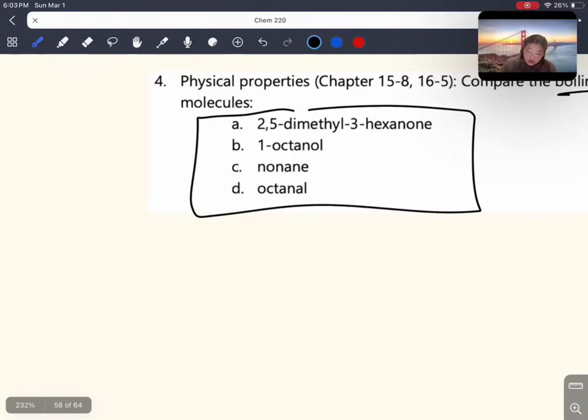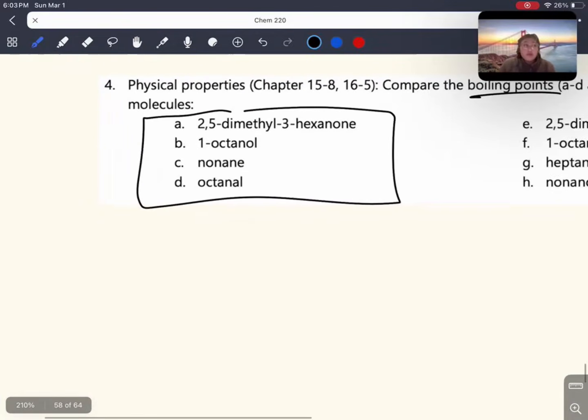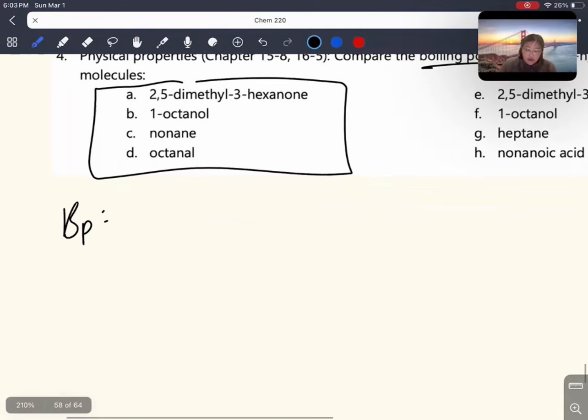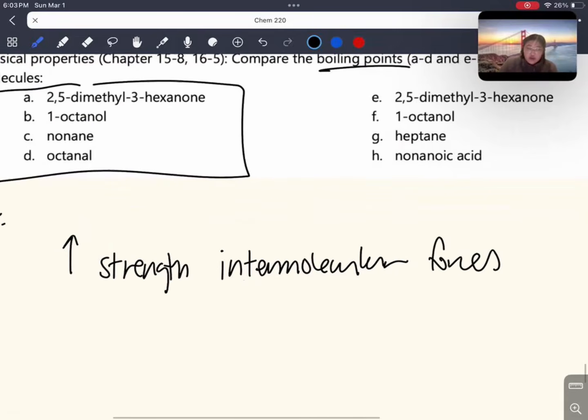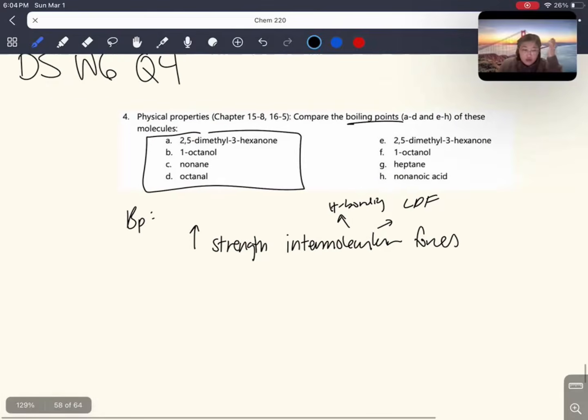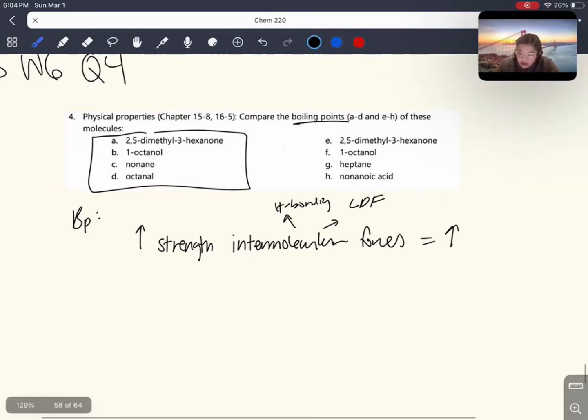When we think about boiling point, what makes a higher boiling point? Increased strength of intermolecular forces, which are the forces in between molecules. Think about H bonding, dipole forces, London dispersion forces, etc. That would equal a higher boiling point.